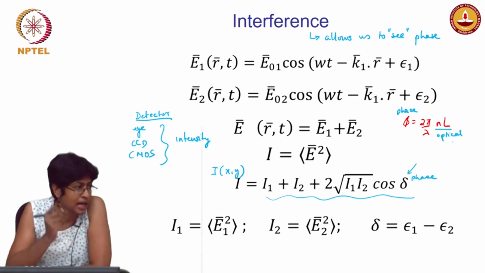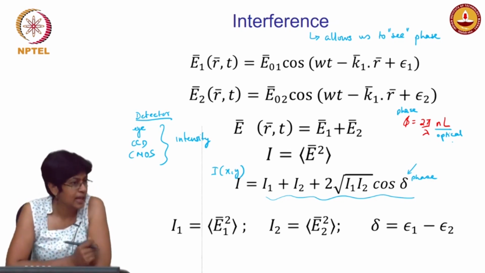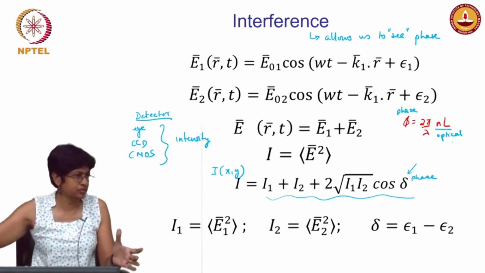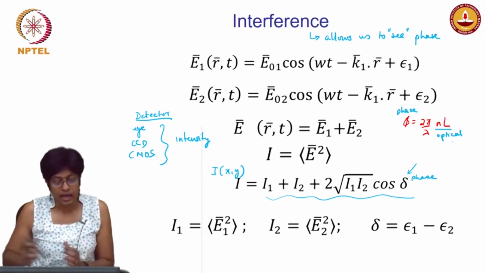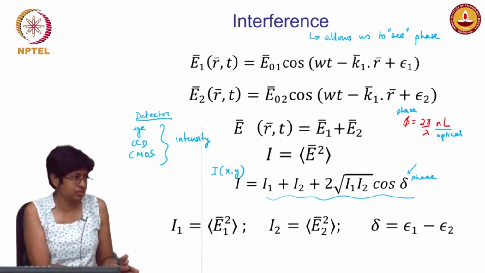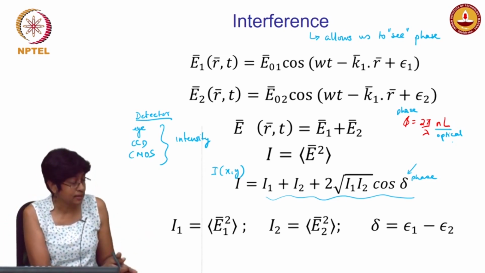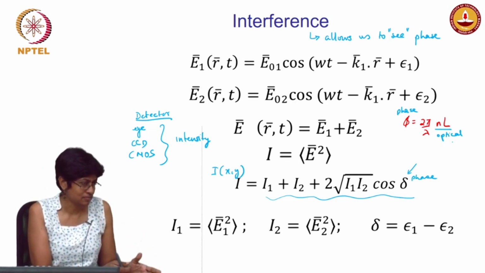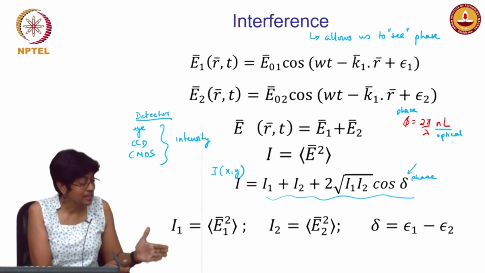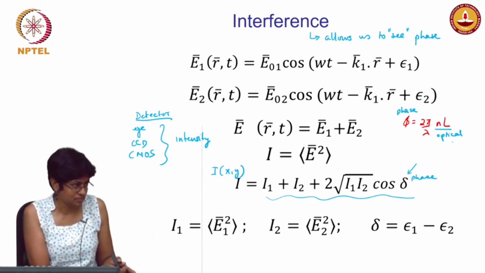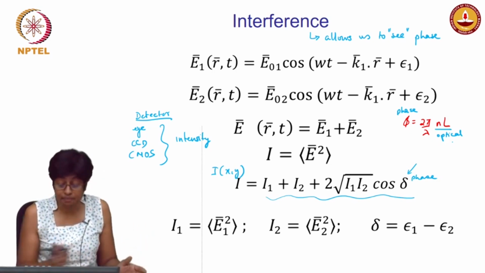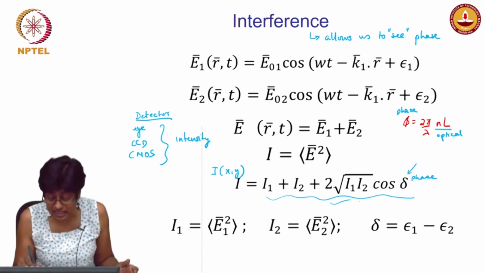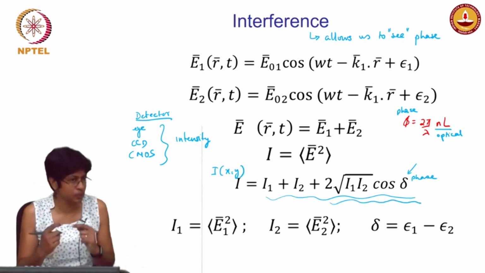It's not that I'm interested in measuring phase and then I put in a sensor and here's the phase. I want to measure phase. In order to do that, I can't even just measure intensity. I do an interference pattern so that the phase of interest lies in this third term, and we'll see why.